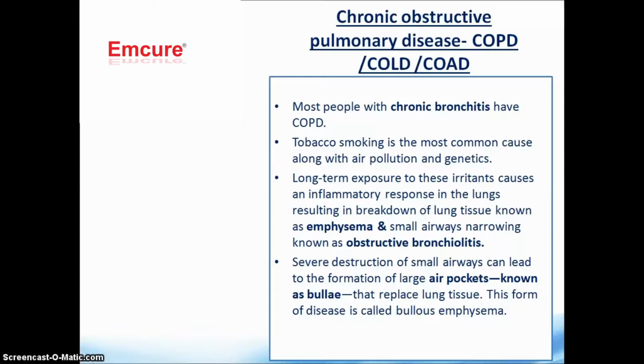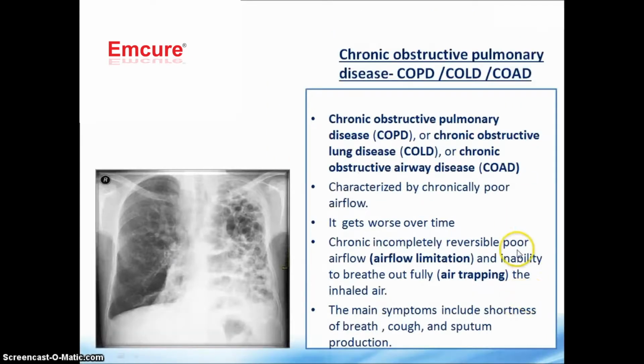The limitation of airflow is due to obstructive bronchiolitis, and air trapping is due to emphysema, to be precise. So air trapping is due to emphysema, and airflow limitation is due to obstructive bronchiolitis.